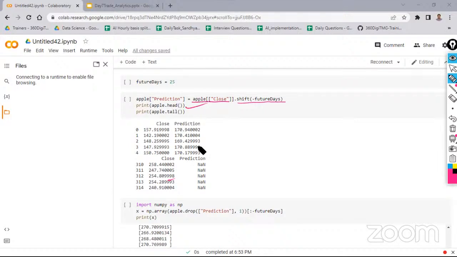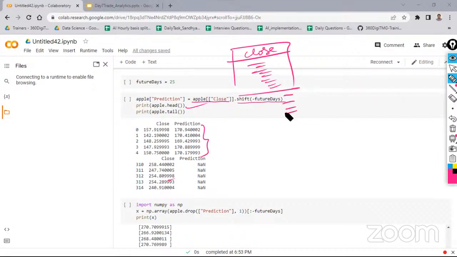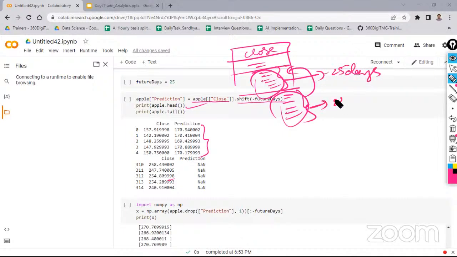So first 25 days will be your, or you can say that like this, you have a close price, you'll be having the values. I want to predict the next 25 days. So this will be considering the previous 25 days because based on this only, you will predict the next 25 days. So this will be your minus shift 25 days and this will be your current 25 days, which is prediction.